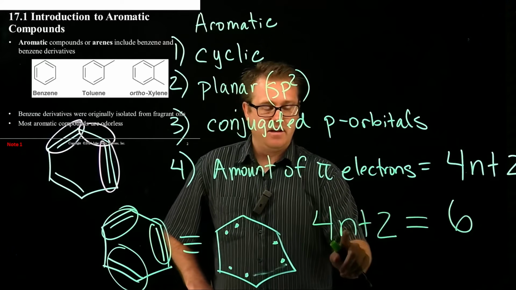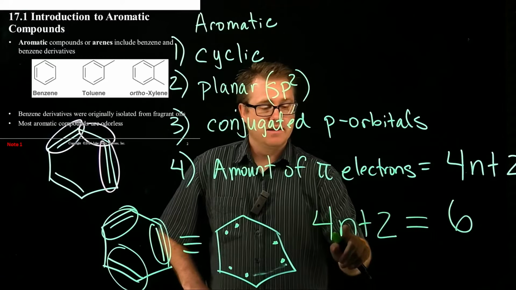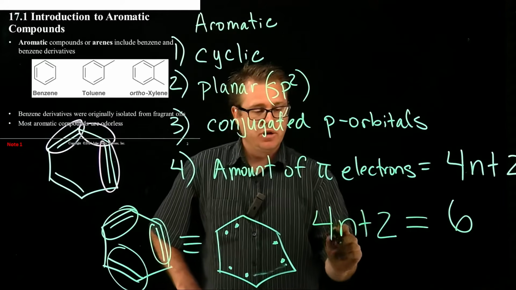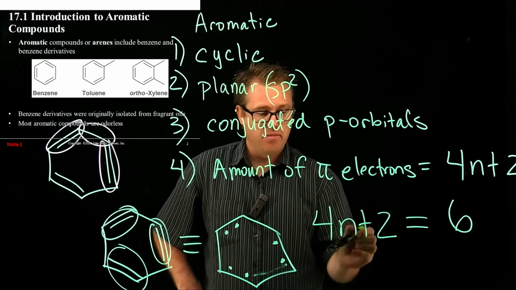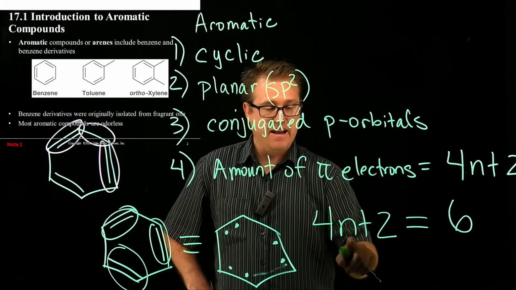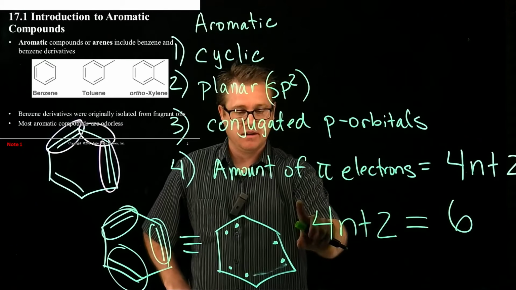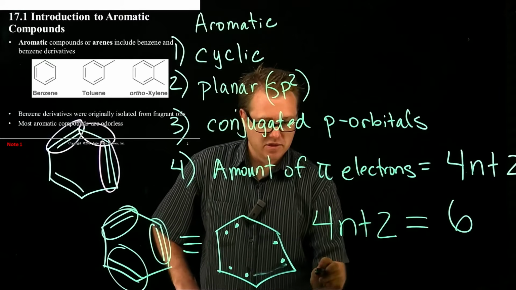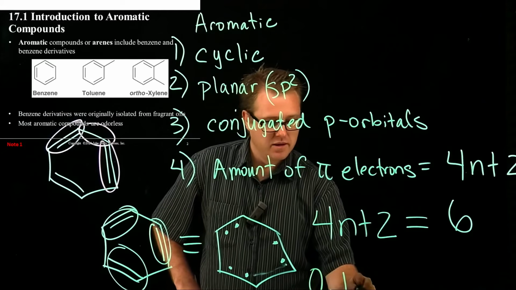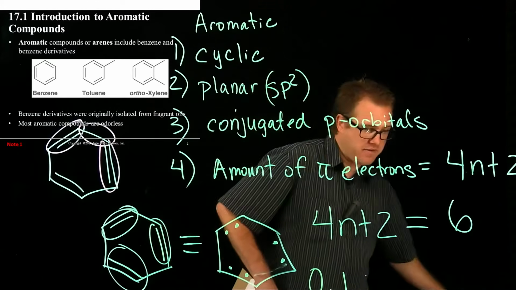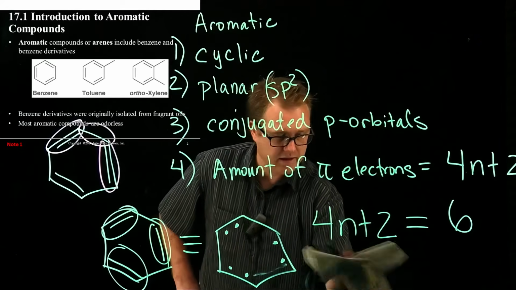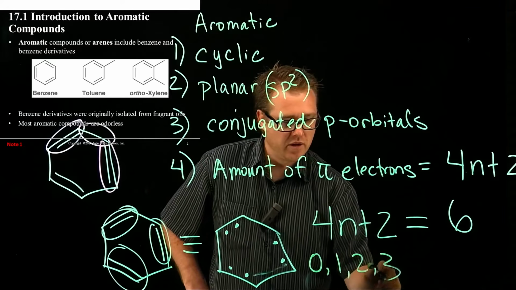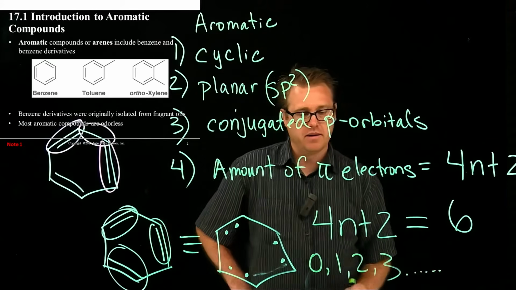This letter n is a variable. This n is whole numbers. What you do is you have to find a whole number and plug it into n, and if you make this statement true, then it's aromatic. So let's look at a list of whole numbers. 0, 1, 2, 3, and you keep going on and on.